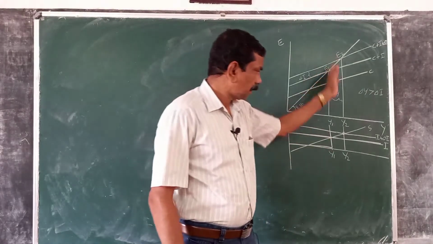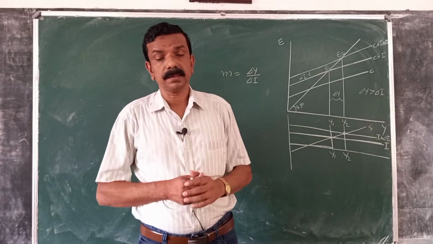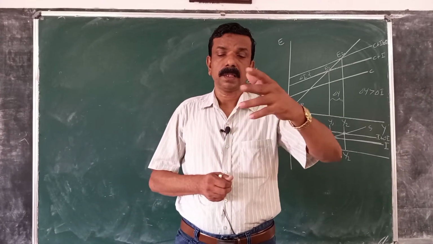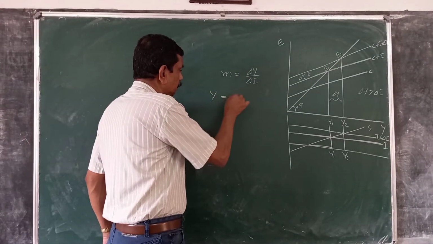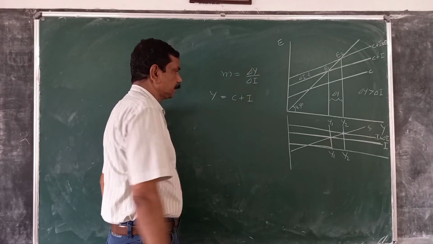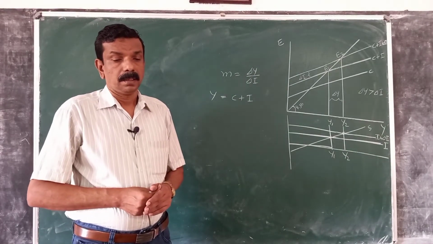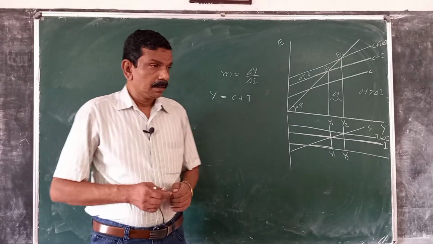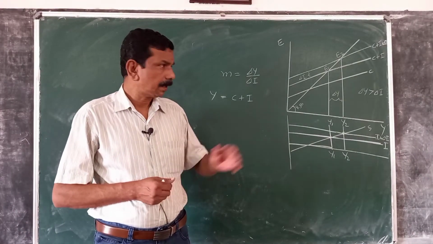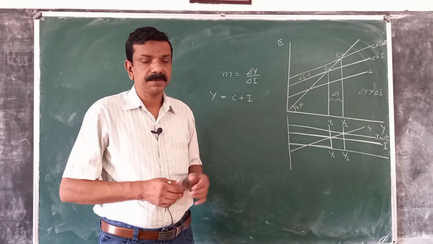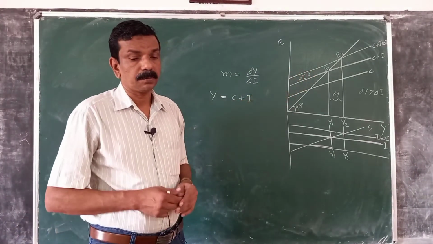Now, let us see how the value of this multiplier is calculated mathematically. We know that in equilibrium, Y is equal to C plus I. If we retain the same consumption function and assume an upward shift in the investment function, the equilibrium level of income and output changes.